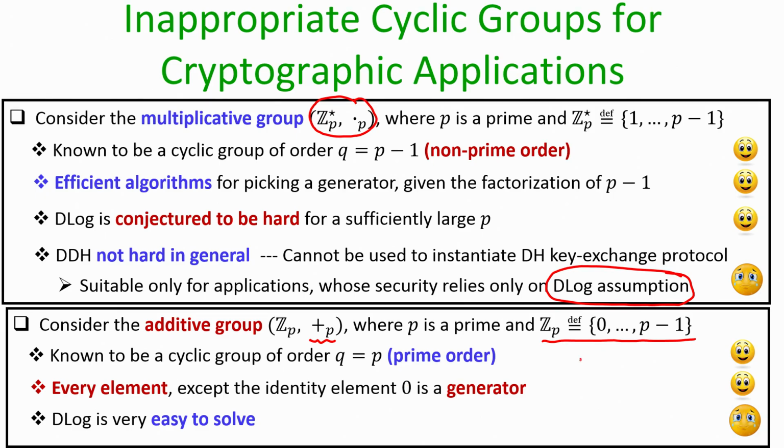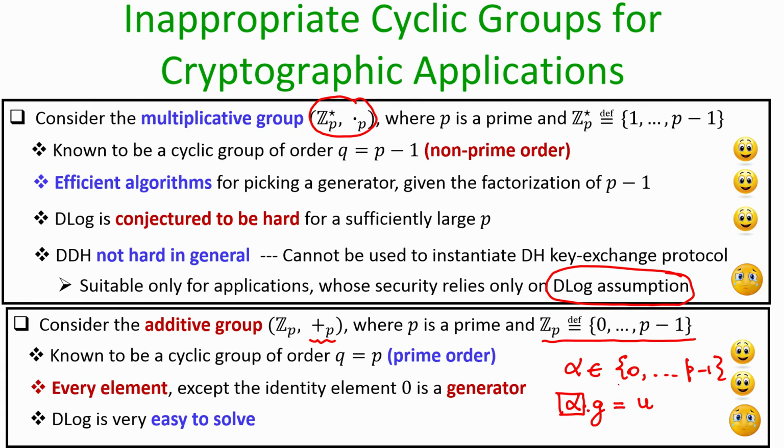You pick a random index alpha in the set 0 to P minus 1, because your group is of size P, and you compute alpha times G, where G is the publicly known generator, and say the resultant output is U, and the challenge for you is to compute this unknown alpha such that alpha times G modulo P would have given you U.